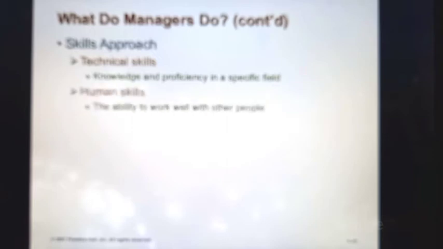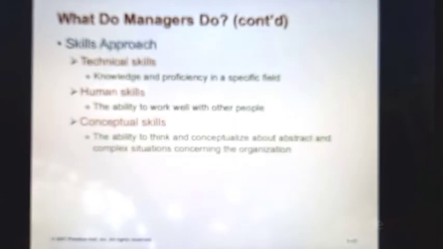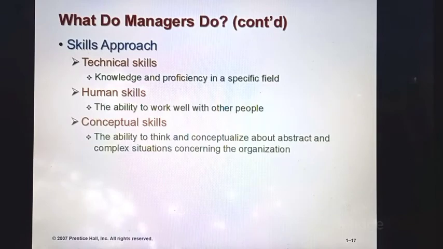Skills approach. Technical skills are knowledge and proficiency in a specific field. Human skills are the ability to work well with people, and conceptual skills are the ability to think and conceptualize about abstract and complex situations concerning the organization.